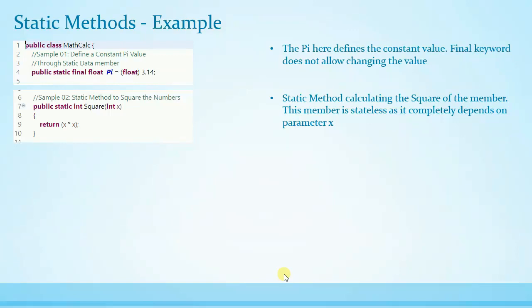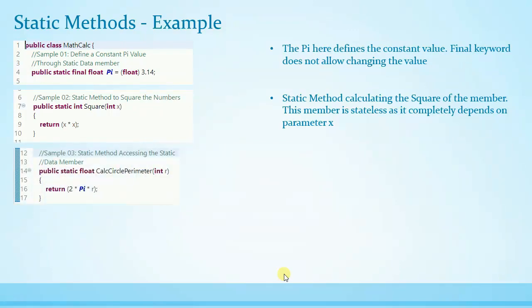So square is a static method. One can access this method outside the class just by specifying the class name, for example, math calc dot square of 10. Like that we can call it outside this class. Next we have one more static method, which is called circle perimeter.